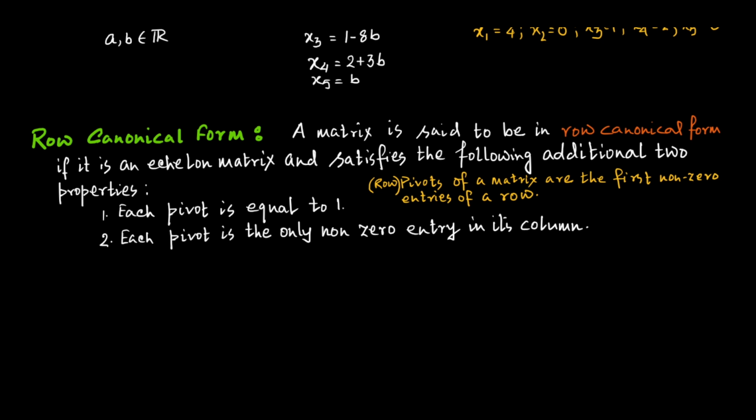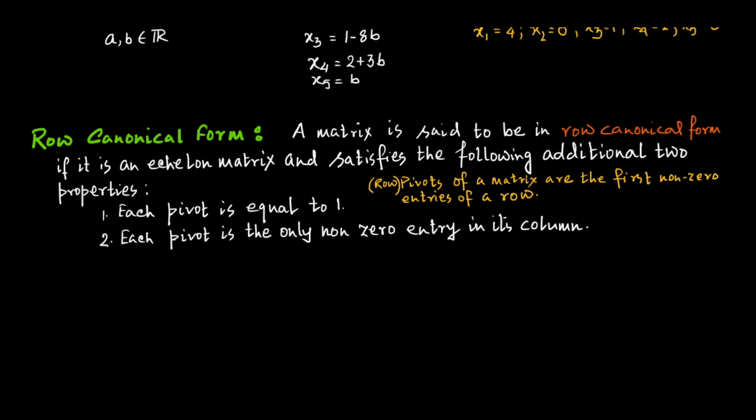So a matrix is said to be in row canonical form if it is in echelon form. That means the two requirements for echelon form need to be satisfied. Along with that, there are two additional requirements. Number one, each pivot should be equal to 1, and number two, each pivot should be the only non-zero entry in that column.